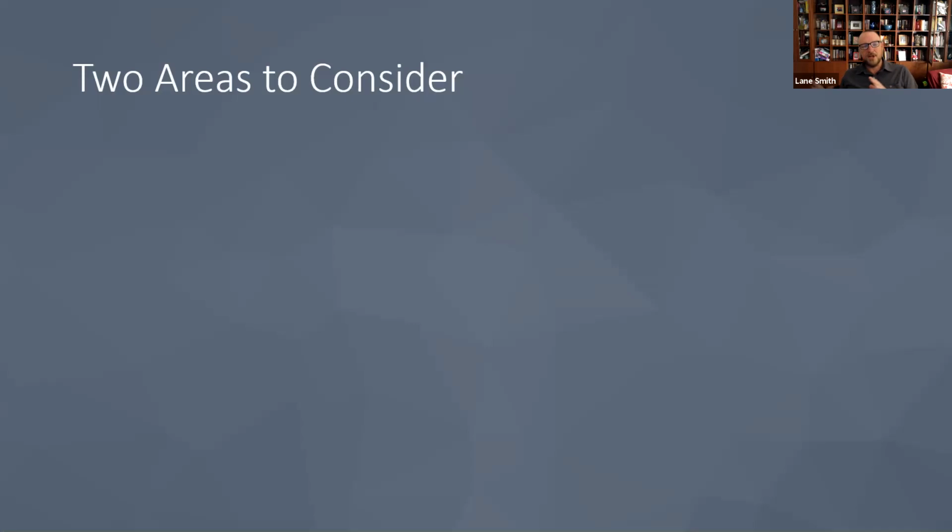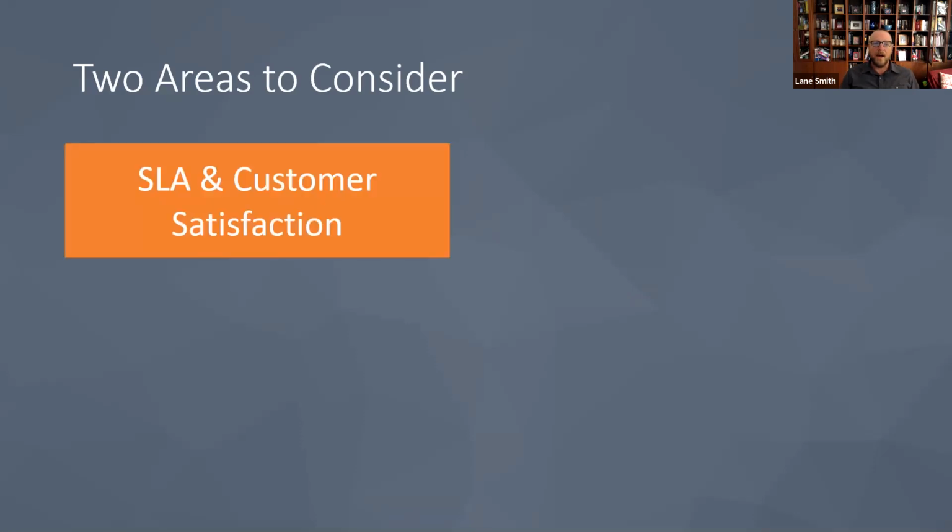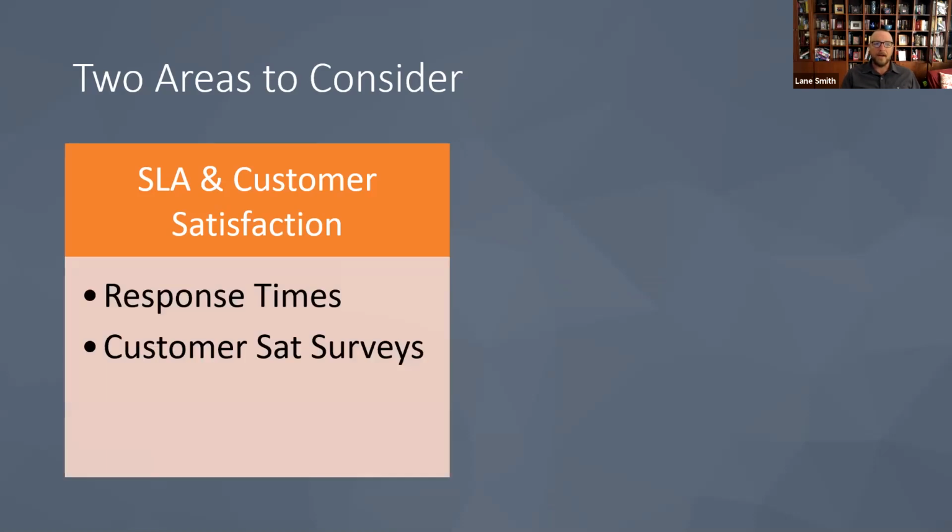All right, so we're going to shift a little bit from just that SLA conversation and broaden it a little bit more now, and talk about what we want to start to monitor and track, okay? So first off, your service level agreement, obviously, which we've spent a bit of time on now, and customer satisfaction, those are two things that are very important to track.